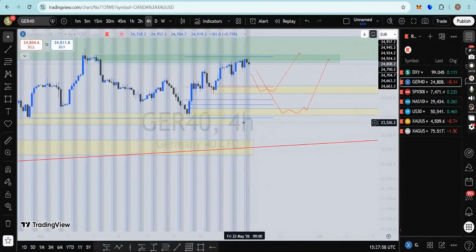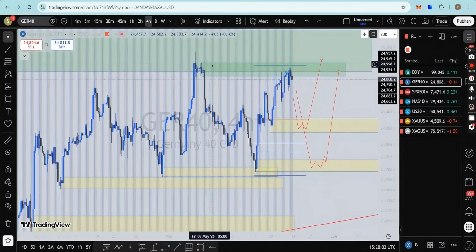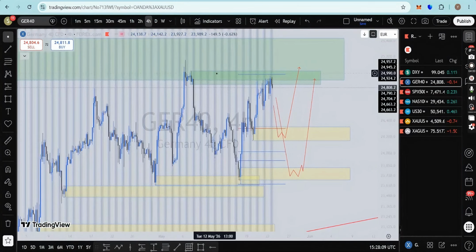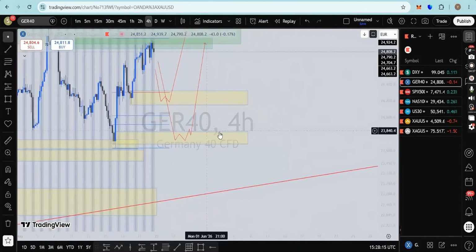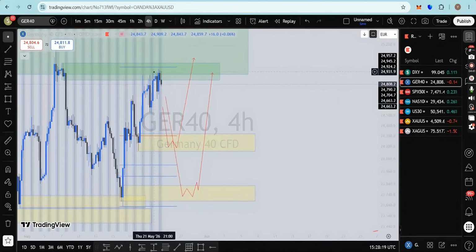So let's zoom out. What do we have here? We basically have another supply zone, as price had mitigated the first supply zone. Now we zoom down to the 4-hour time frame. We can see we have another supply zone which has been mitigated. So with my Fibonacci, I want to see price drop with the open, drop into my demand zone and create some sort of move.